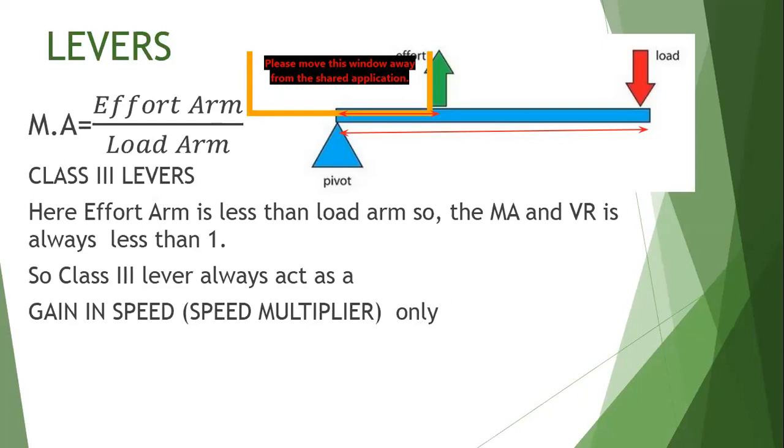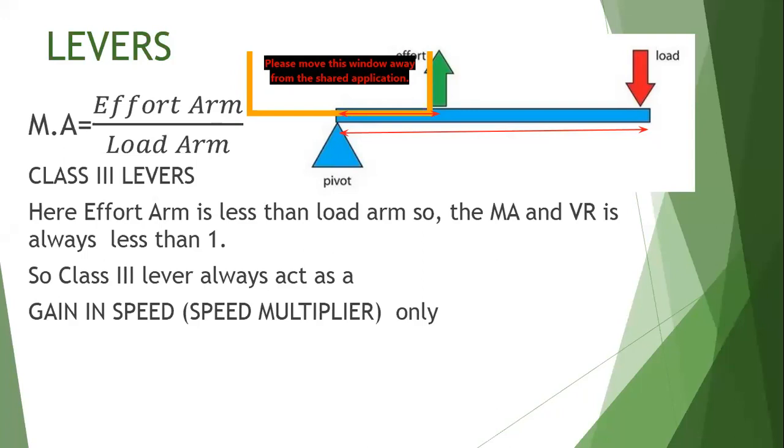And if you want to remember the diagrams of class 1, class 2 and class 3, it is very simple. In class 1, you will find the fulcrum in between the load and the effort.